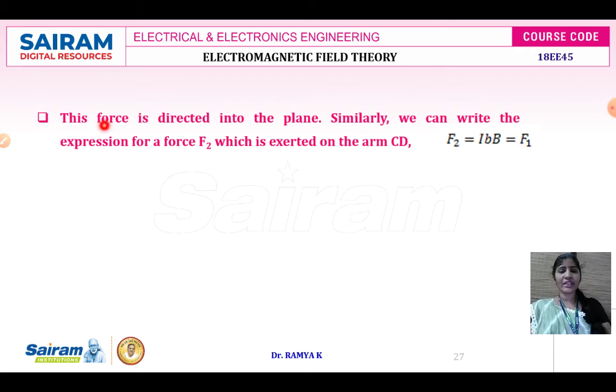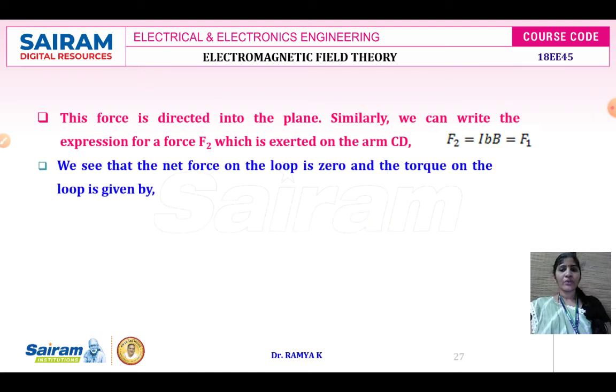Similarly, we can write the expression of force F2, exerted on the arm CD. Therefore, F2 is equal to F1, which we can write as I B b. We see that the net force acting on the loop is going to be 0, because the force acting on the left hand side is going to get cancelled with the right hand side due to the current direction.